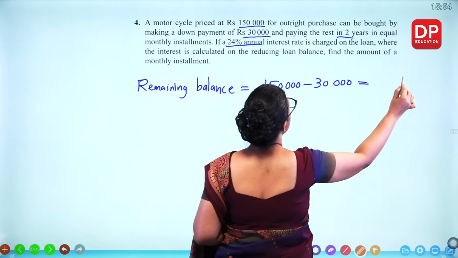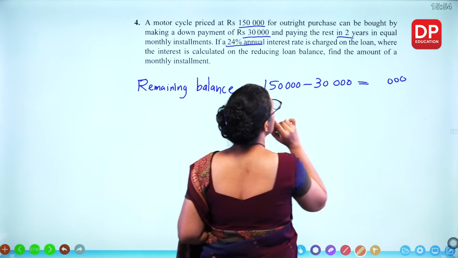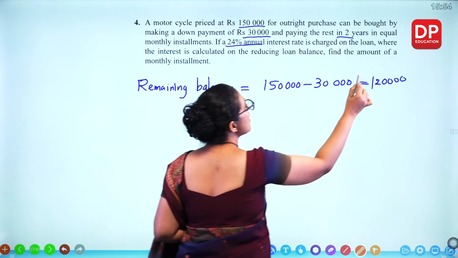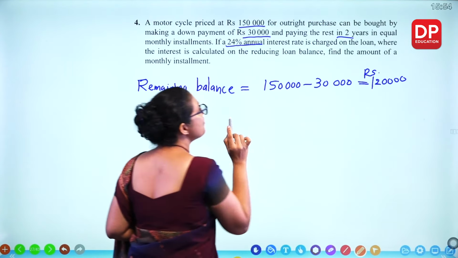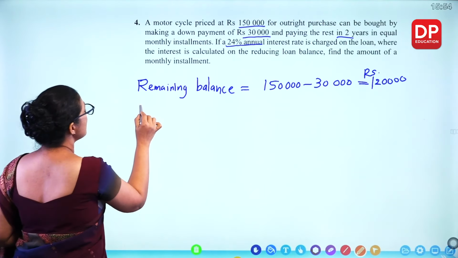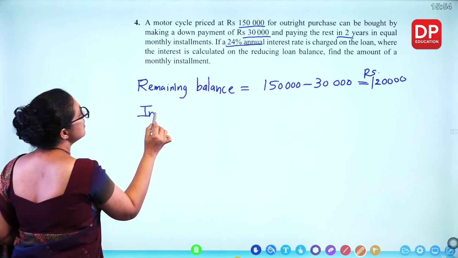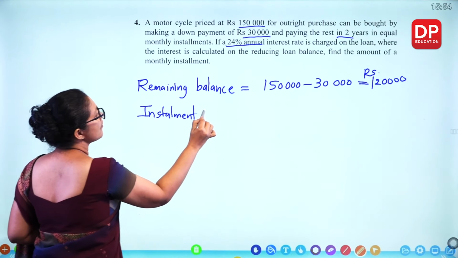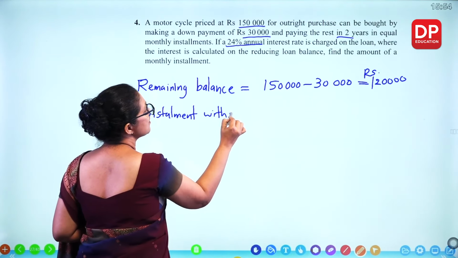So when you subtract 30,000, you get 120,000 rupees. Then we can calculate the installment without the interest.